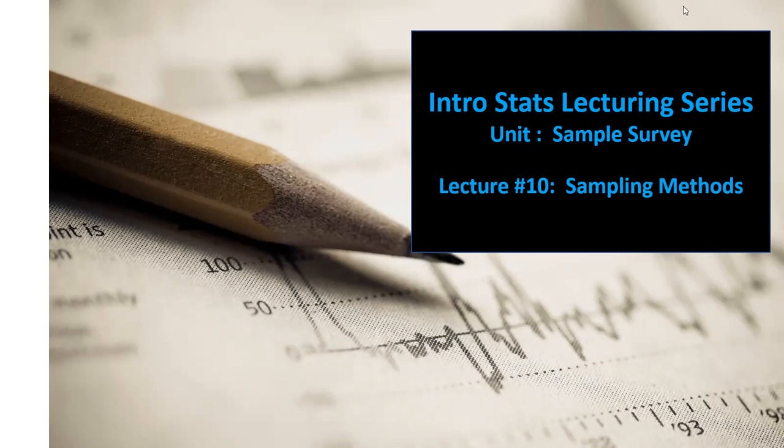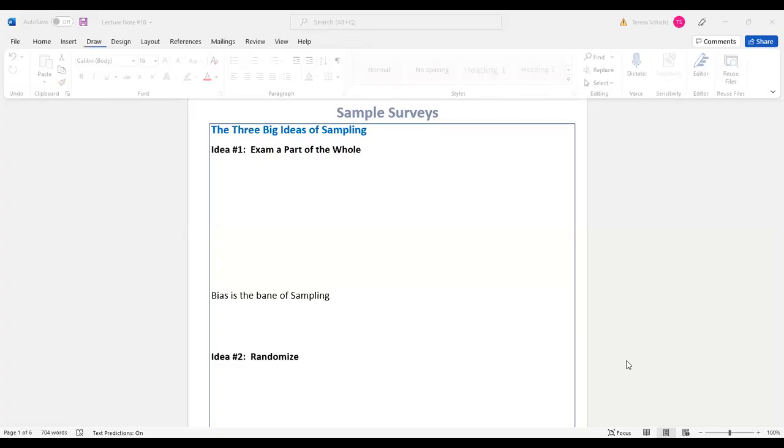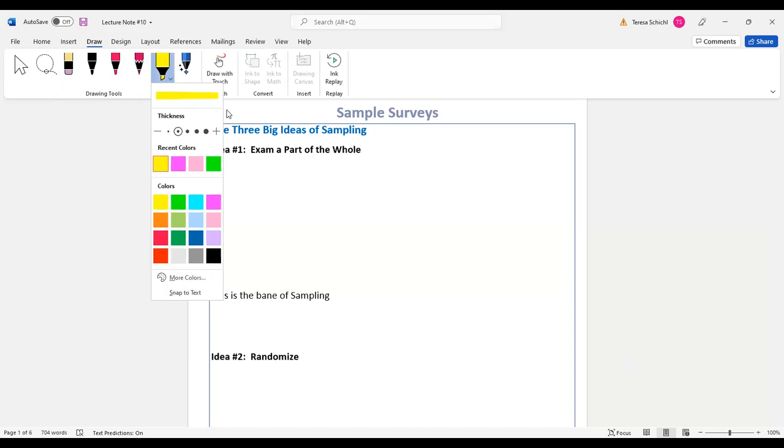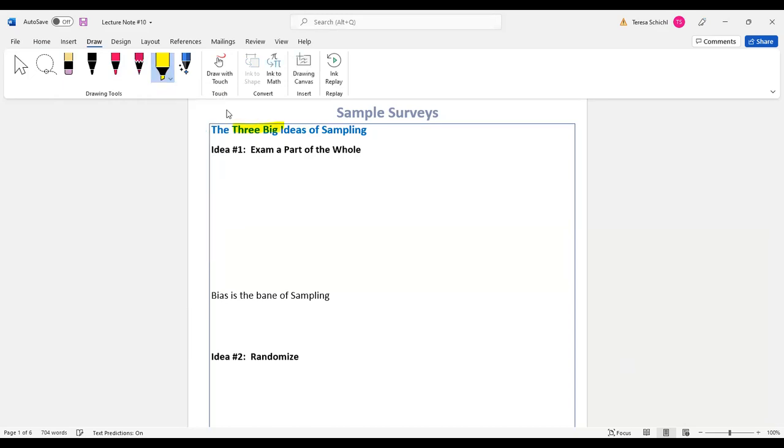Now let's go to our lecture notes and start. The first thing we're going to talk about is the three big ideas about sampling. Idea number one is that we want to examine a part of a whole. That's what we call a sample.